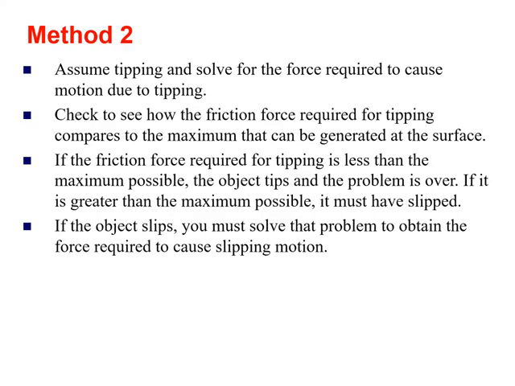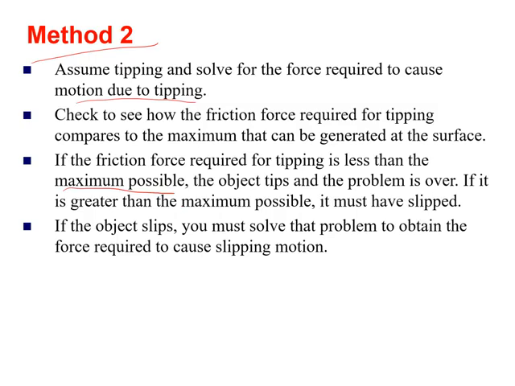Now method 2 is to first assume that the body is in the state of tipping, and then solve for the force required to cause the motion due to tipping. After that, check how the friction force required for tipping compares to the maximum that can be generated at the surface. If the friction force required for tipping is less than the maximum possible friction force generated on the surface, then the object tips and the problem is over.